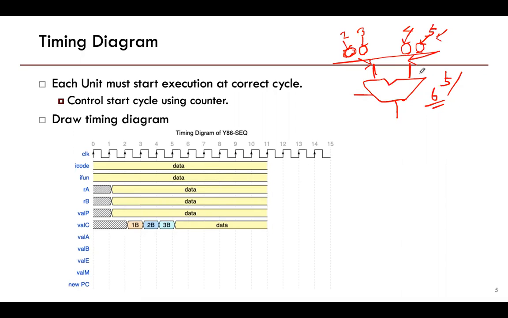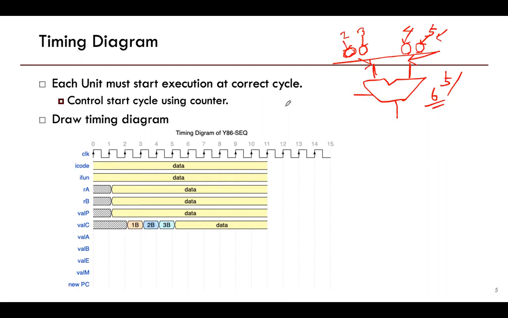Again, the last stage, the PC update stage, has this timing issue: when to read data or when to output the data. So that's why I'm bringing up this topic, the timing diagram.